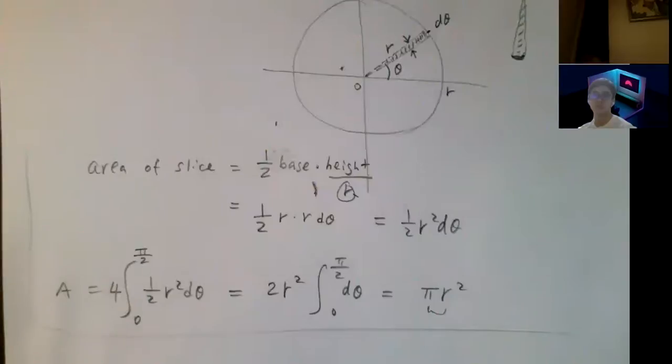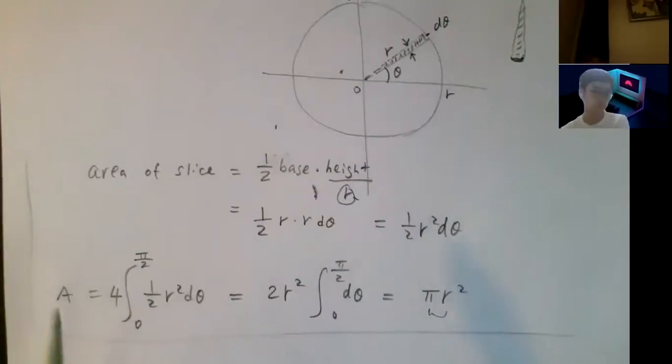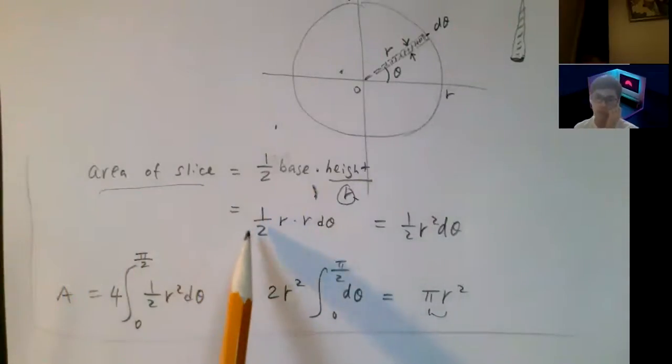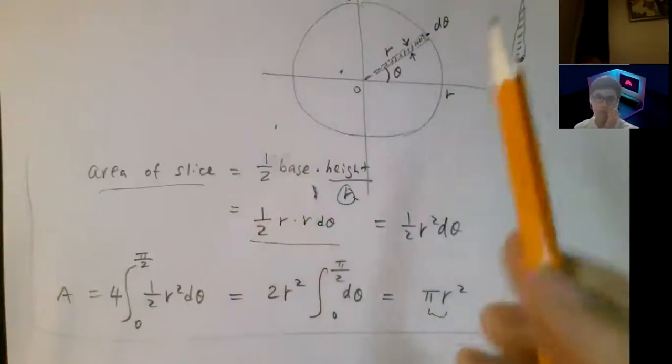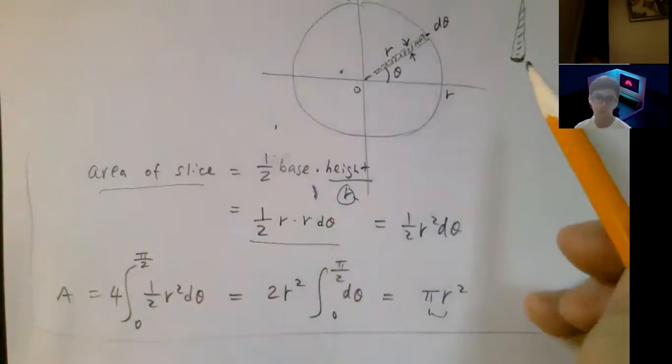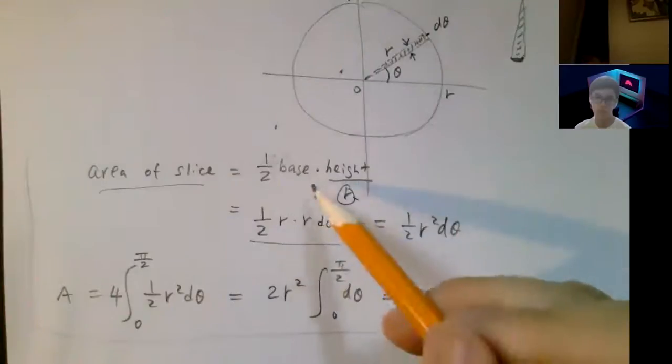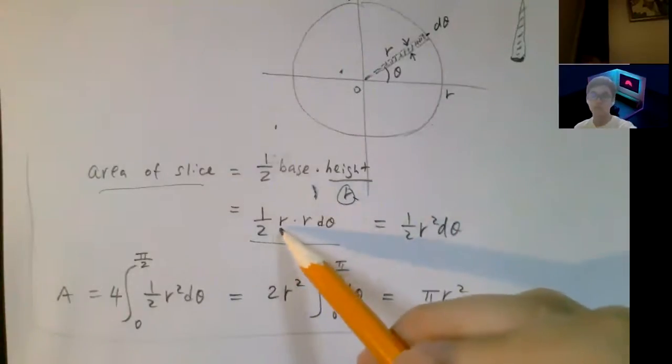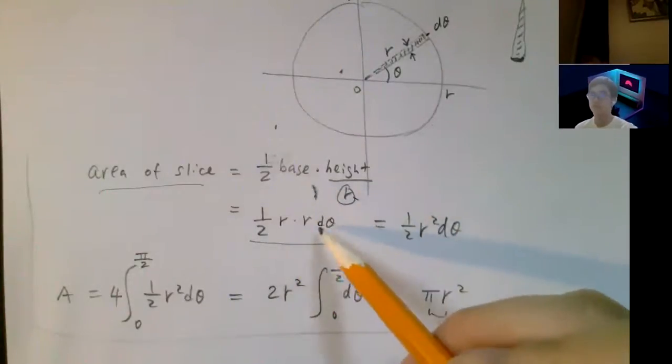Any question? The only thing, of course, you need to understand is that this is a tiny triangle, base times height divided by 2. So that is 1/2 times r.